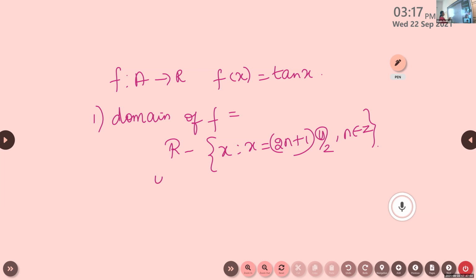For y is equal to tan inverse of x, give the domain and range.